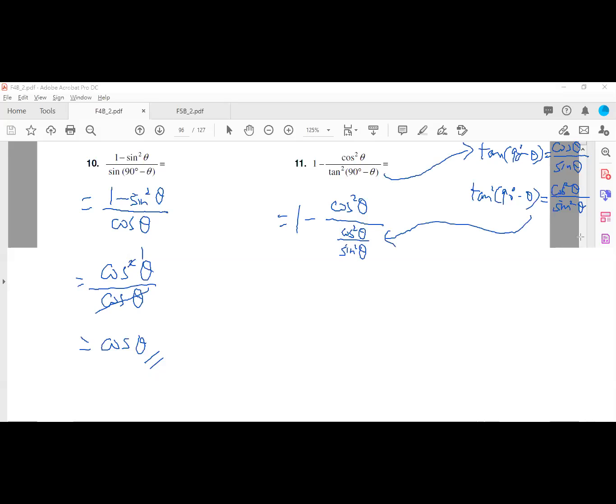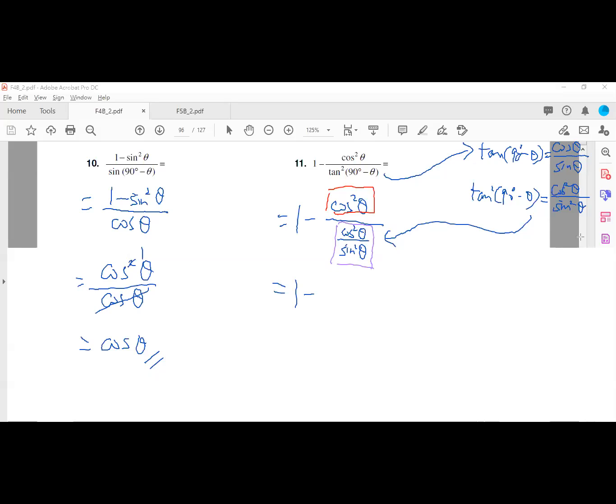好啦，跟住我哋又見到分數之中又有分數呢一件事。So this one, the upper part is cosine square theta, and then the lower part is cosine square theta over sine square theta. And now we need to change it to be divided.